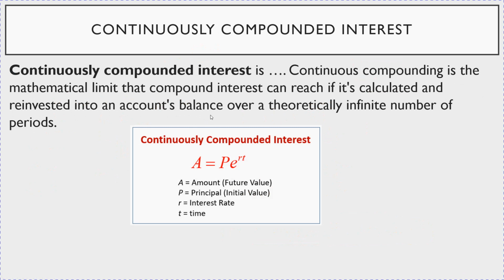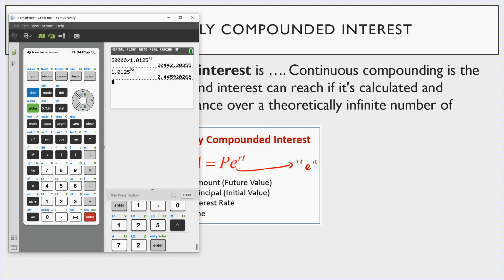The amount, the future value, is equal to the principal, the initial value, times e. And look, this e is right here on your calculator. So what is e? e is the number 2.718281828. It's just a number.